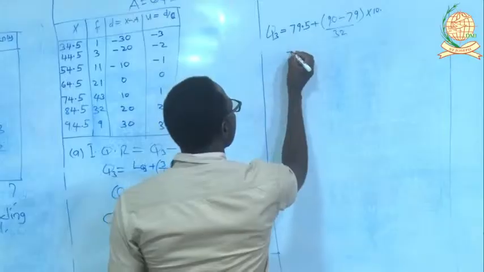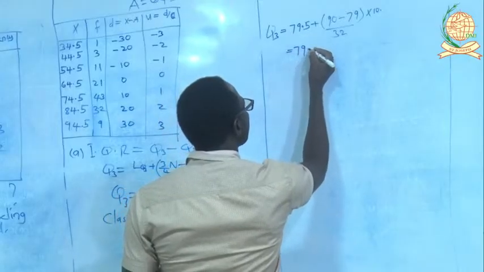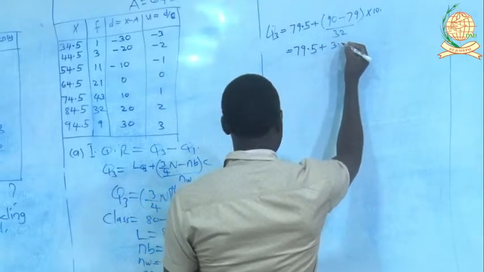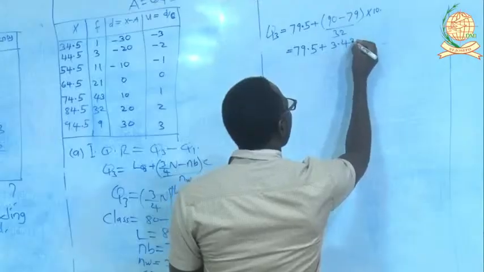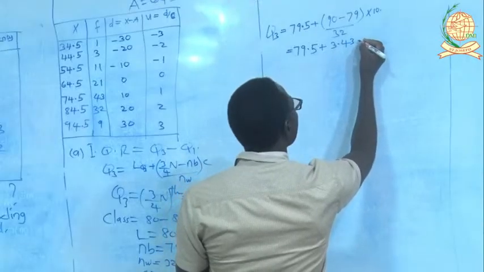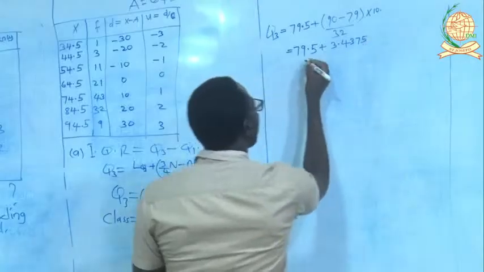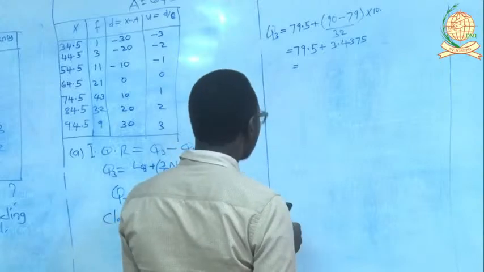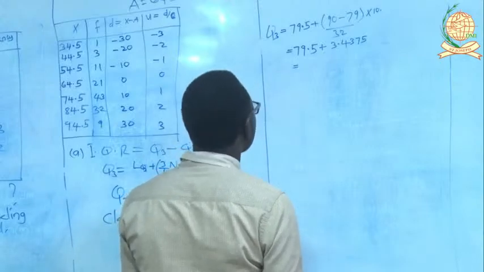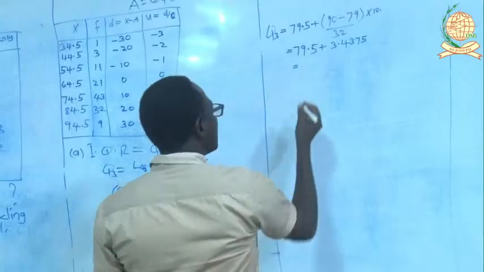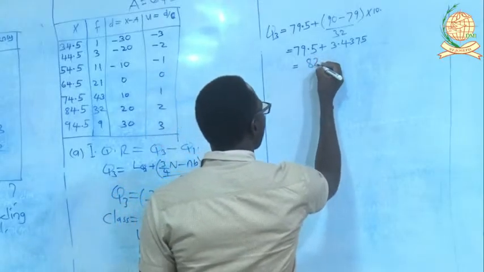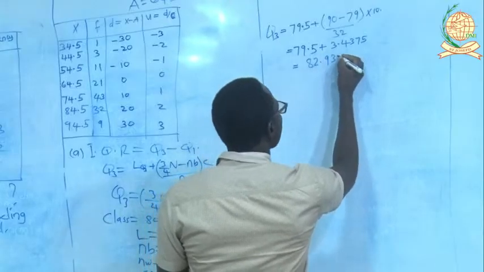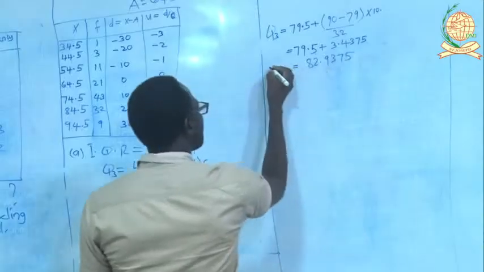Yeah, so this would be equal to 79.5 plus 3.4375. Okay, now if you add that to the 79.5, you'll get this answer, 82.9375. This is Q3.